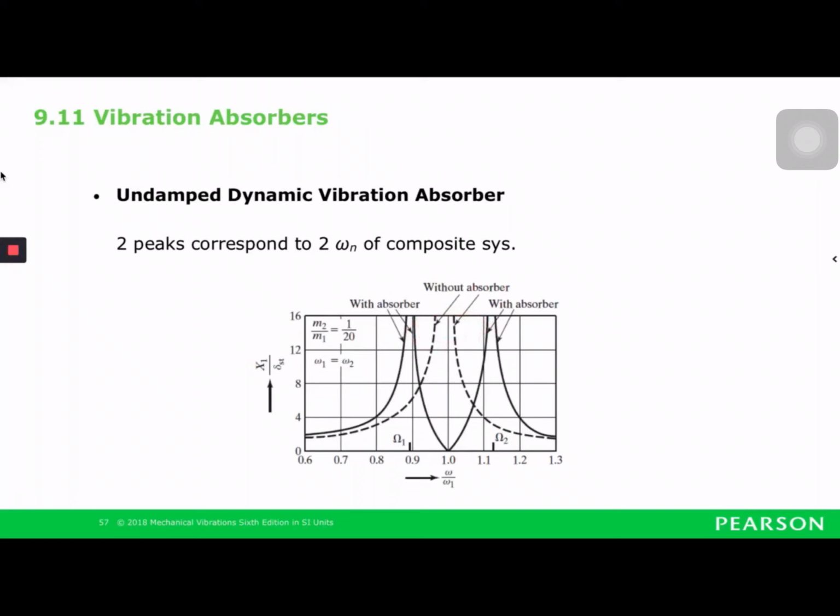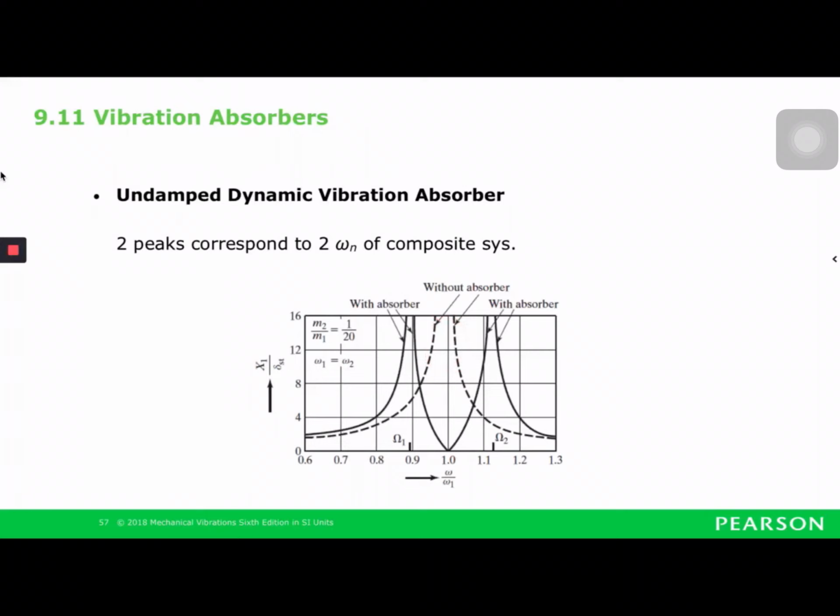So if our operating condition is somewhere here in the middle, then it is okay, because it doesn't coincide. In the original condition, if the machine is operating within or close to the range of resonance, the amplitude will be too large.